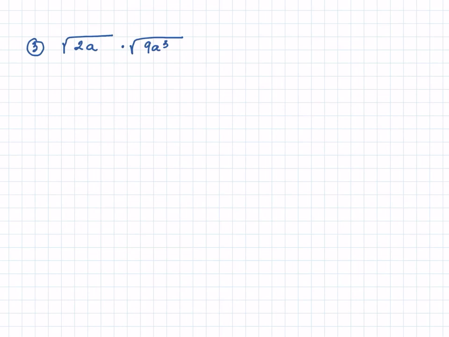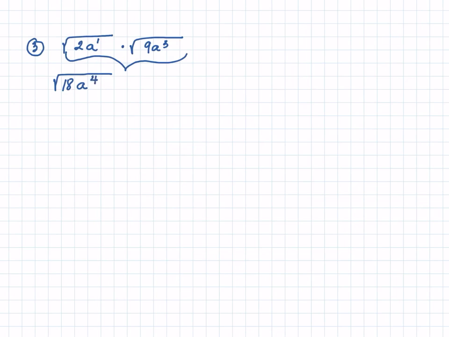There's something in there that I can factor. But before I do that, let me multiply these two together first. I can multiply the 2 and the 9, give me 18. And then I have the a to the first and a to the third. Make it a to the 4.